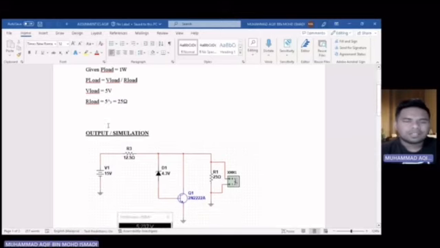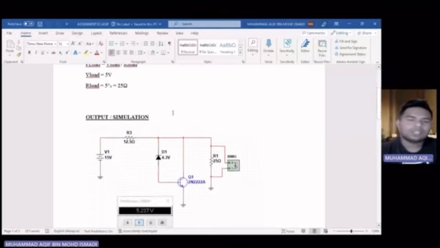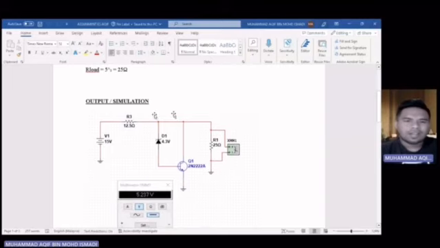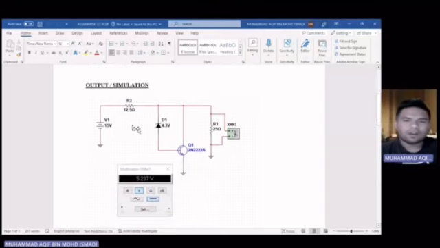Okay, next I show the output or simulation in Multisim. First of all, in figure 1, for parallel connection or voltage connection. Okay, first, this is DC power, 50 volt, and R1, Zener diode, transistor, and resistor 2.